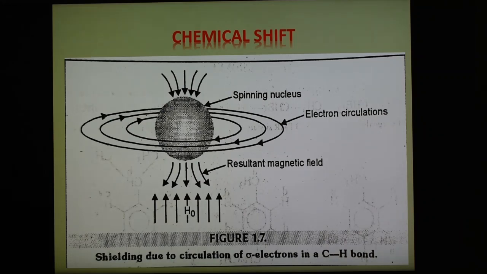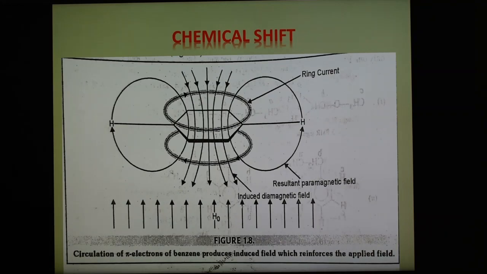On the other hand, circulation of electrons, particularly pi electrons, generates an induced field which may either oppose or reinforce the applied field acting upon the proton, depending upon the location in the induced field. For example, circulation of pi electrons in the benzene derivative produces an induced field which reinforces the applied field, shown in this slide.